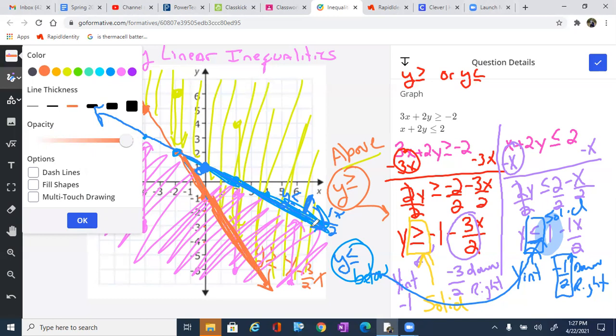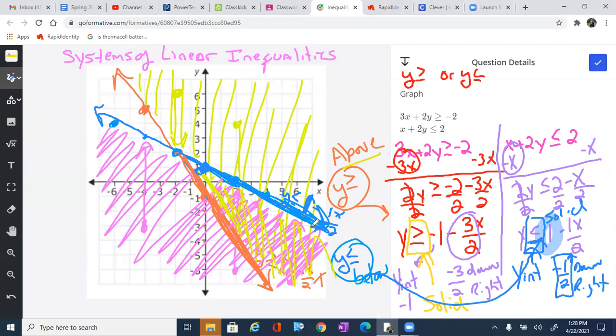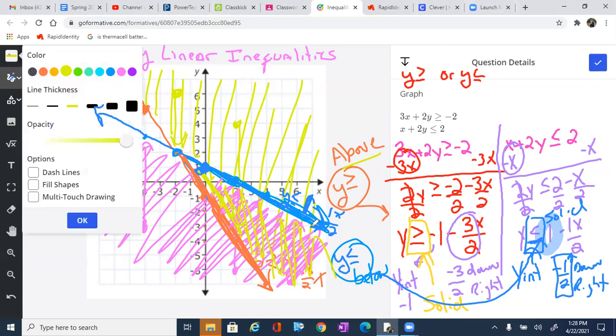And we are looking for the space that is in between. You can see that the space in between here in pink and here in yellow is where our solutions are going to line up. So let's write that in here. These are our solutions.